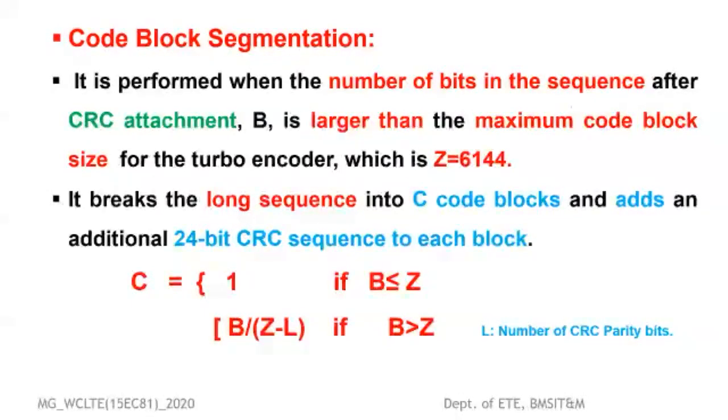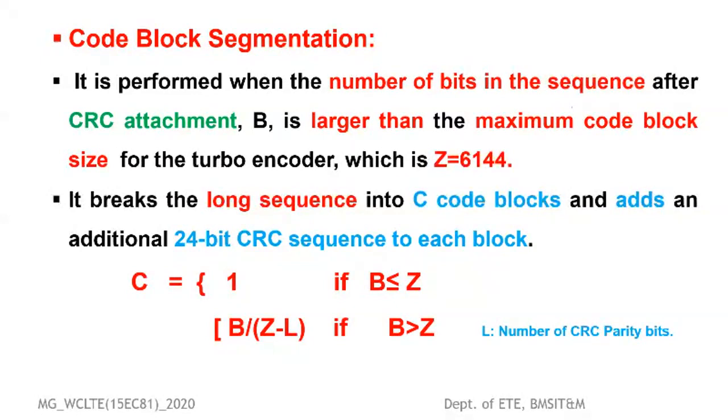So here the formula is given. C, the number of code blocks from segmentation, is equal to 1 if B is less than or equal to Z. What is B? B is the transport block plus CRC. If it is greater than the value of Z, then we divide B by Z minus L. B is the transport block with CRC, and Z is the maximum code block size.